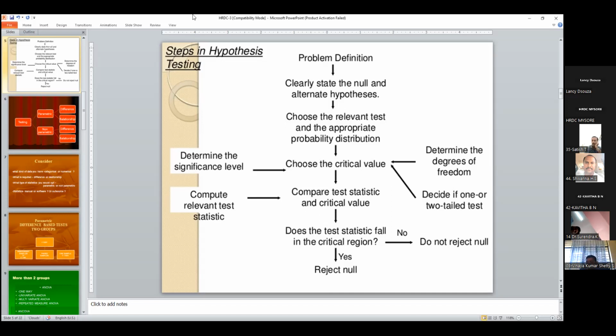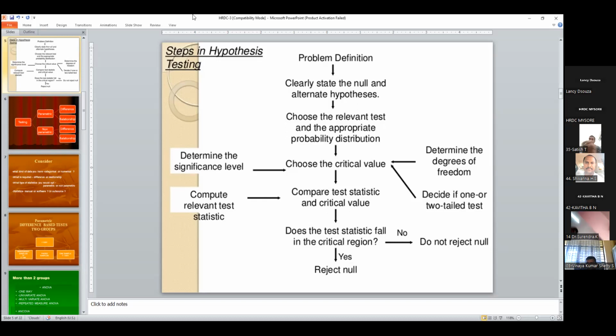Remember, if a data sheet is missing more than 20% of data, the ideal would be to discard the entire data sheet and go for a new data collection. That is usually advised. Once you are done with the data collection and have filtered them, it is time for going for testing.